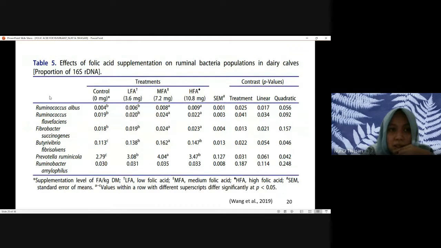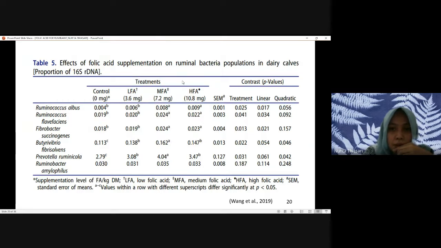And next, in this figure, I would like to show the effect of folic acid supplementation on ruminal bacteria population in dairy calf. So here there is an increasing level of folic acid. LFA is low folic acid, MFA is medium folic acid, and the last one is high folic acid.